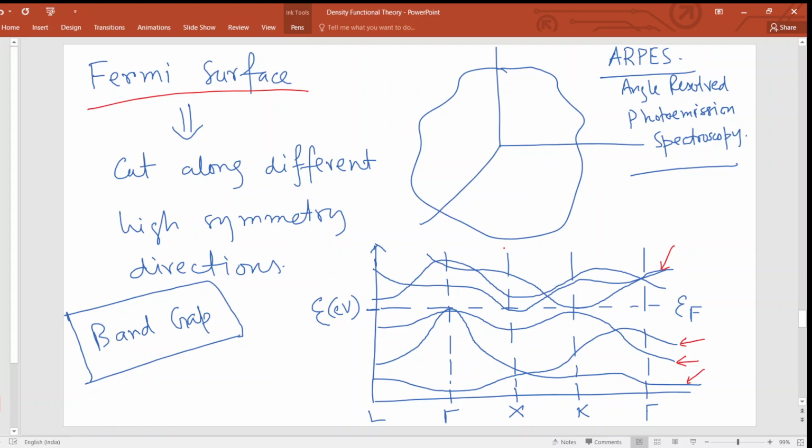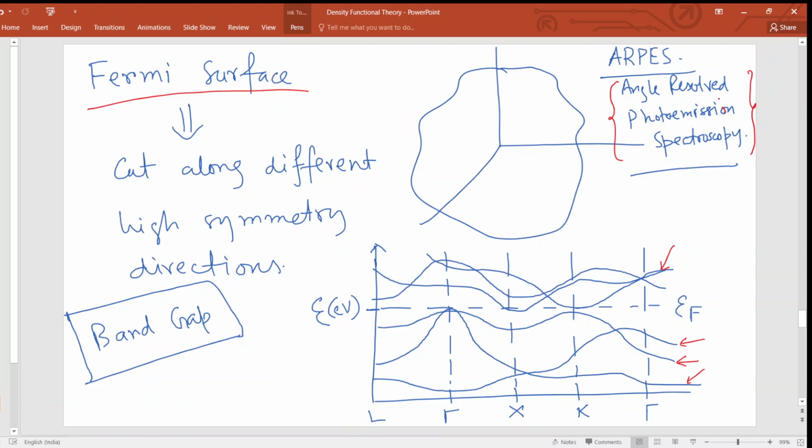And experimentally you can actually reproduce this through an experiment called ARPES. The full form is angle-resolved photoemission spectroscopy. Okay, so I do not know whether you have covered this in your experimental techniques course or not. Here it is basically a spectroscopy. As you know, in a spectroscopy you have some excitation that hits and then you detect something.